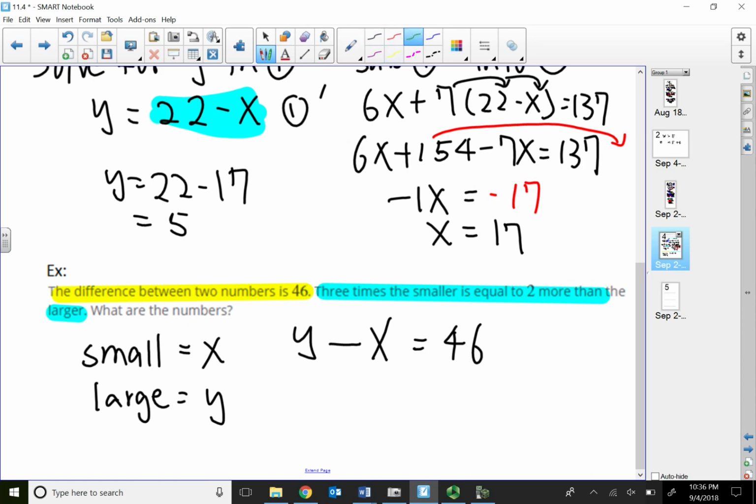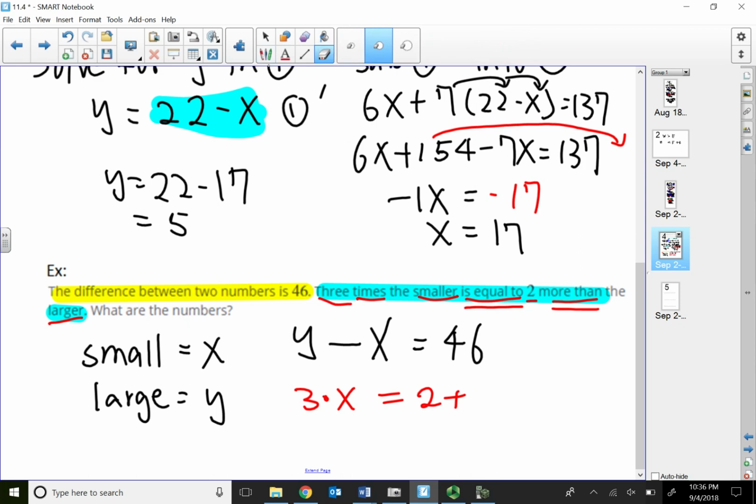All right, next sentence. 3 times smaller, which I call x, is equal to 2 more than, plus, more than who? The larger, which I call y. There you go. So my first equation is y minus x equals 46. My second equation, 3x plus 2 equals 2 plus y.